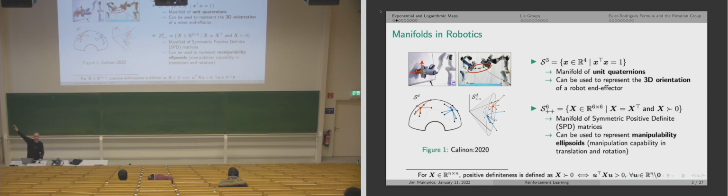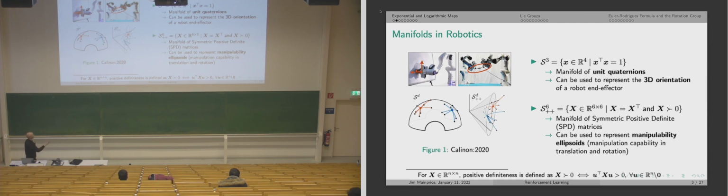So you can imagine if you are extended, then you cannot generate any velocity going toward the base if your base is fixed, but you can generate velocity in that direction, especially tangential velocities, but not so much in this direction. That is what the manipulability ellipsoid explains.